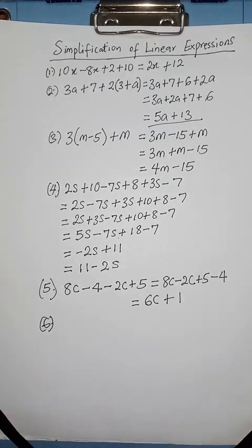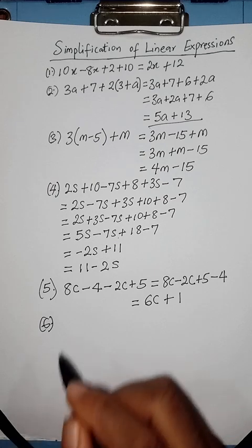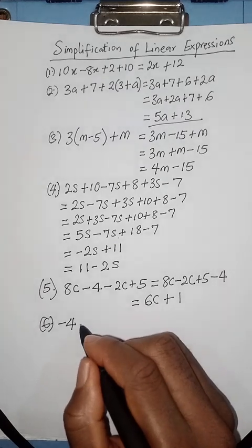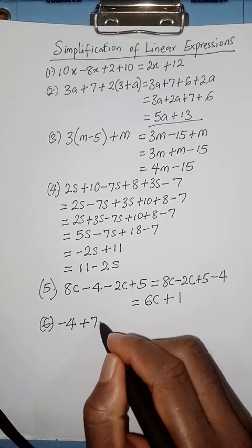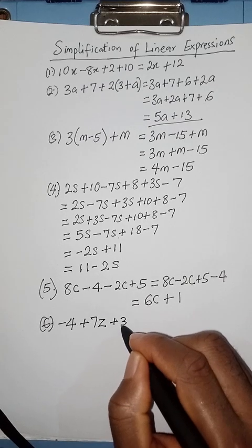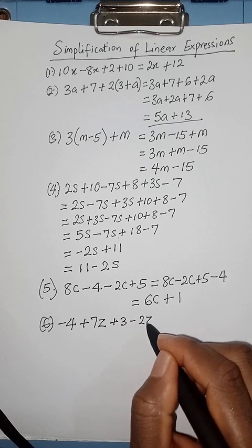Let's take number 6. I have minus 4 plus 7z plus 3 minus 2z.